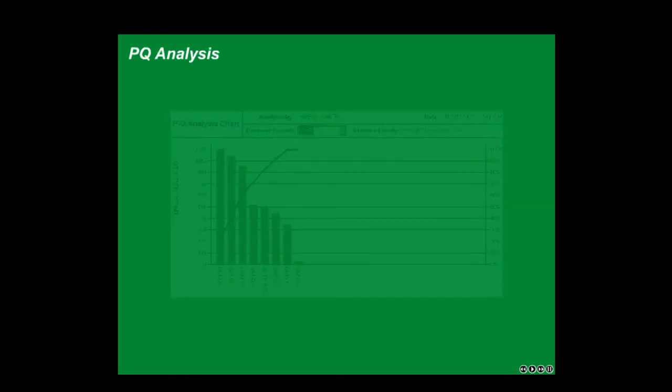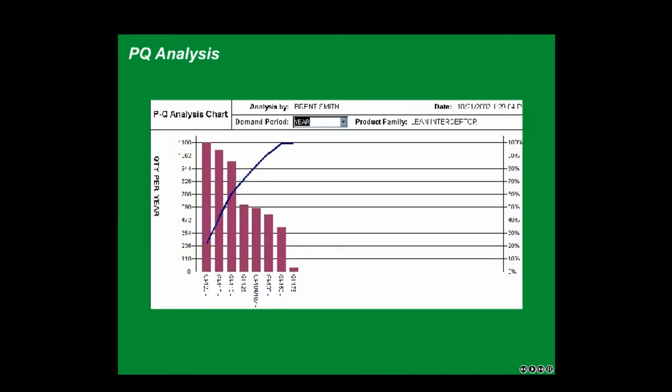PQ analysis. Let's start by understanding how each of the parts contributes to the total volume of the cell by doing our PQ analysis. As you remember from our tutorial on the PQ analysis, we do this by sorting the parts by their volume demand for a given period of time and graphing the parts on the PQ analysis sheet. For this tutorial, the demand will be annual.